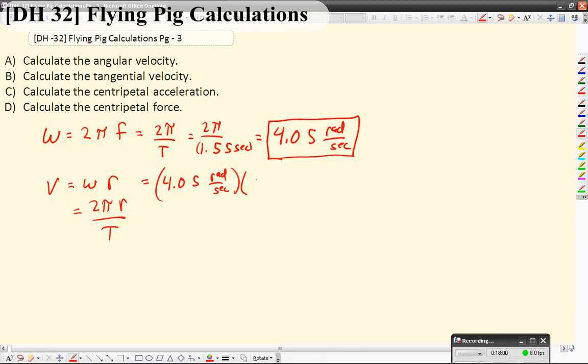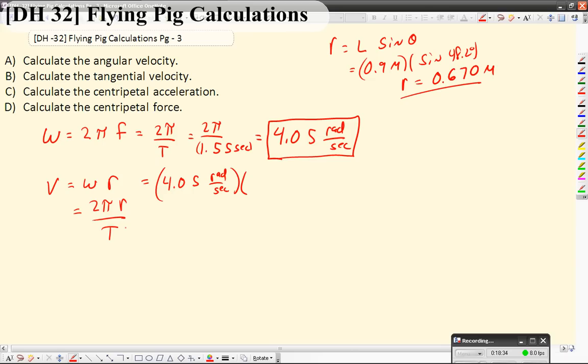times the radius, which is, and this is important to point out, the radius is not 90 centimeters. Recall that r equals L sine of theta, so it's going to be 0.9 meters times the sine of 48.2 degrees. Gives me a radius, I think I used little r, radius of 0.670 meters.